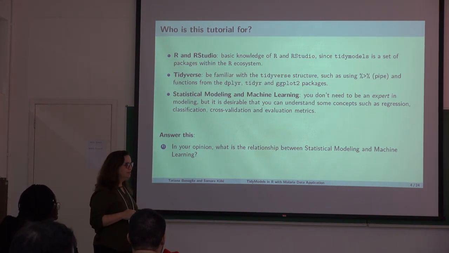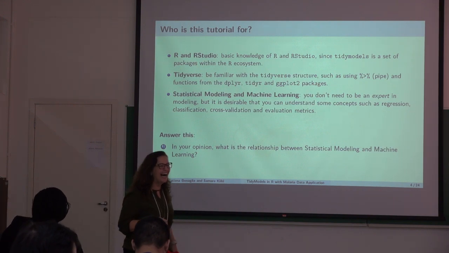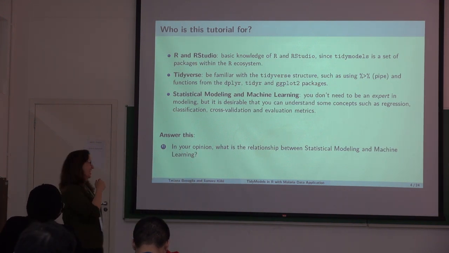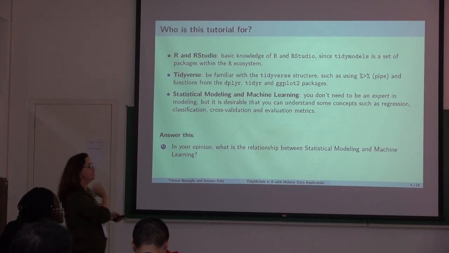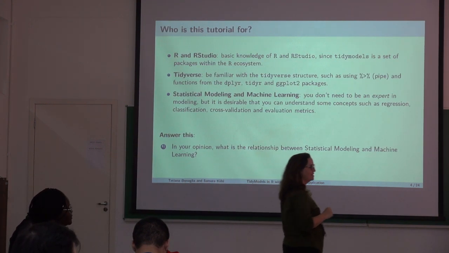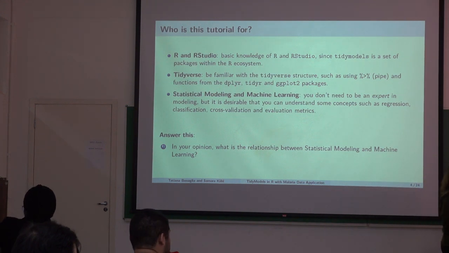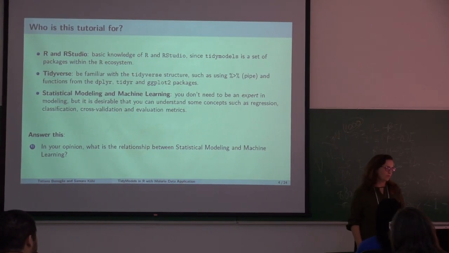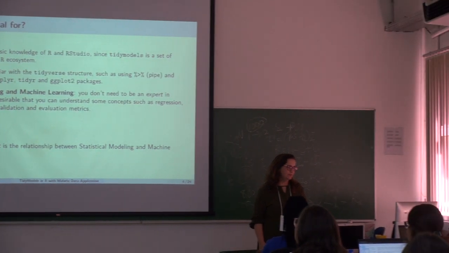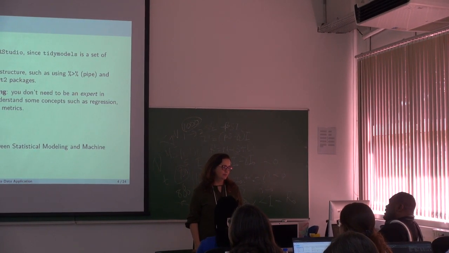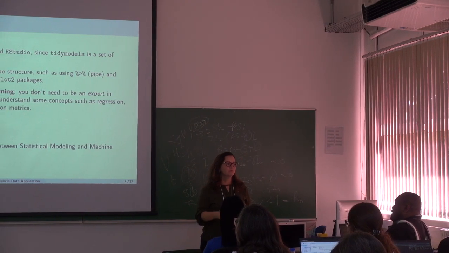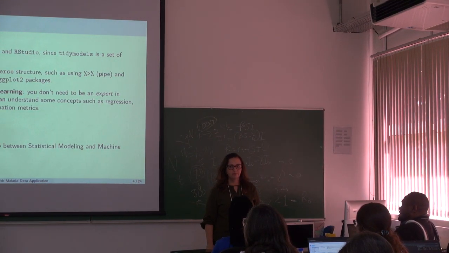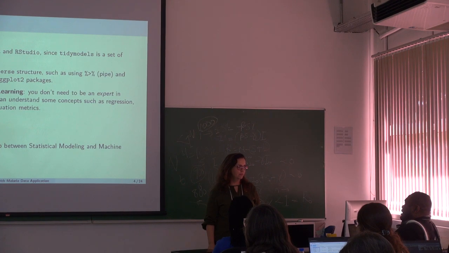Any thoughts? Samara? Well, okay. Yeah, statistical modeling is more concerned with interpretation of the data, while machine learning is more concerned with accuracy, model prediction, accuracy of the models, and so many other differences.